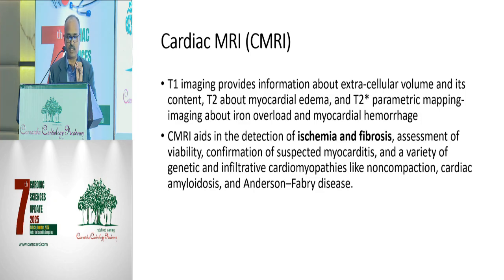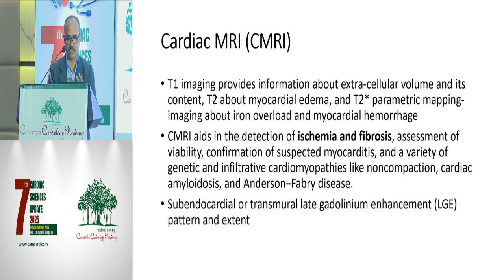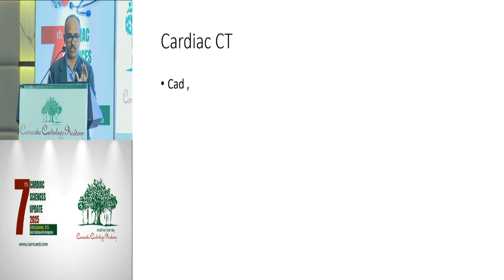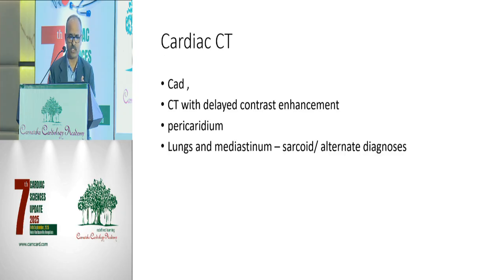So investigations can include cardiac MRI, which helps in the detection of ischemia and fibrosis. Other cardiomyopathies like non-compaction, amyloidosis and Fabry's disease can be analyzed. Subendocardial LGE will also give us a clue. Cardiac CT is used to look for CAD, which is important, and CT with delayed contrast enhancement gives additional information.